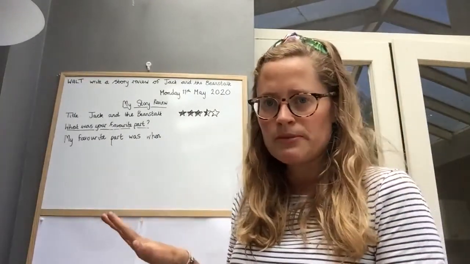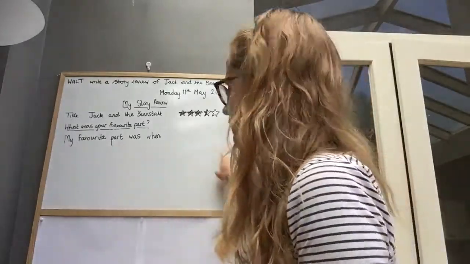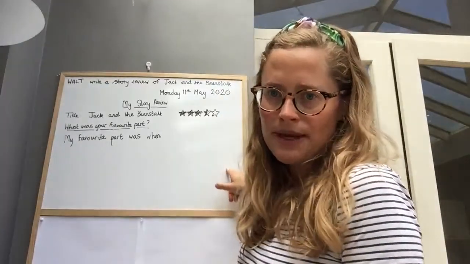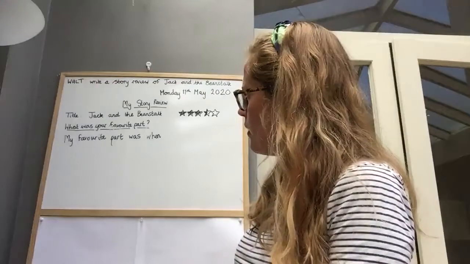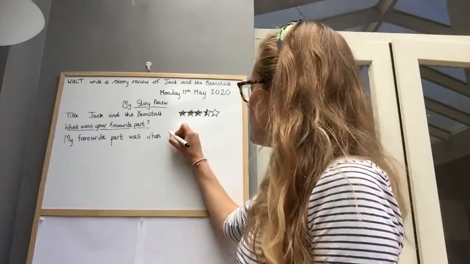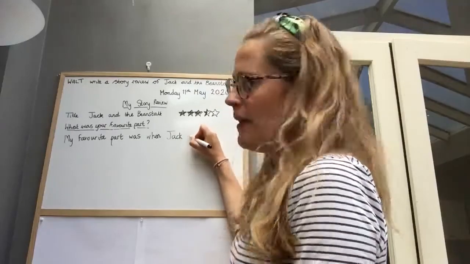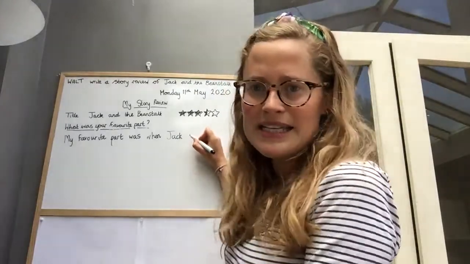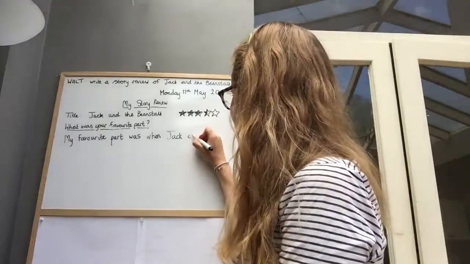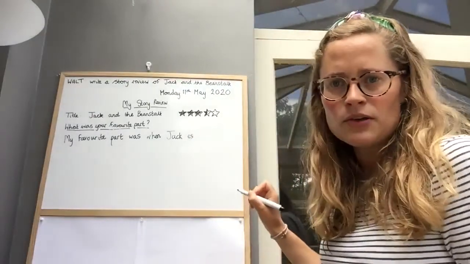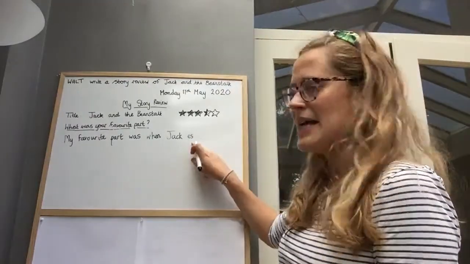So I need to make sure I choose my words carefully and that they fit into this space. My favourite part was when Jack, and then I've got a long word here, I'm going to write escaped. We can sound it out using our sounds, year one.